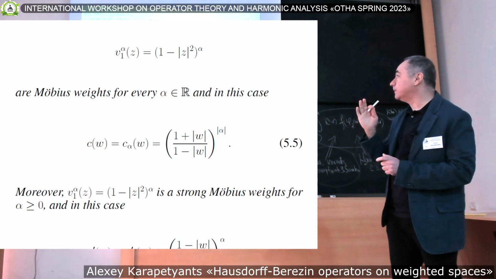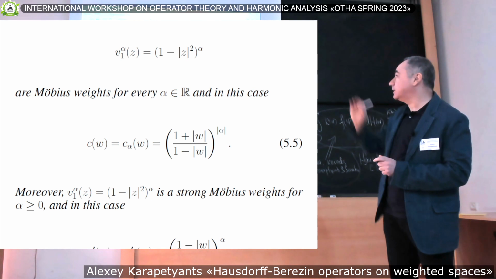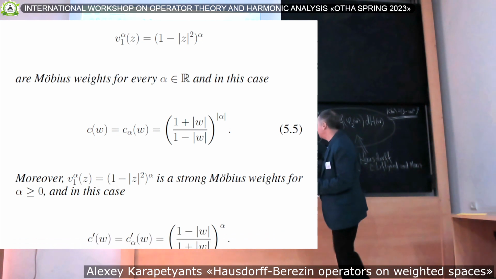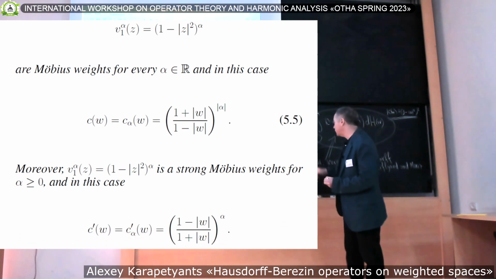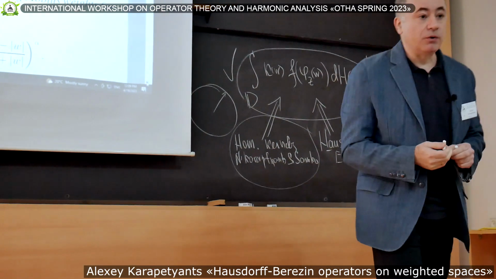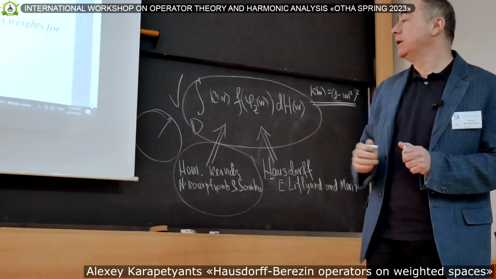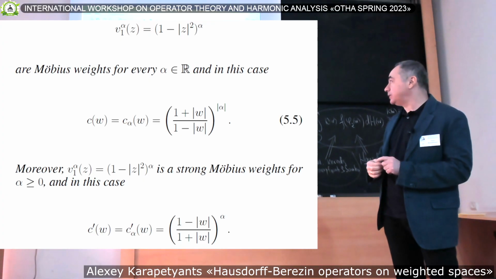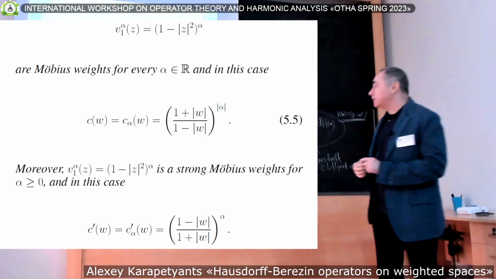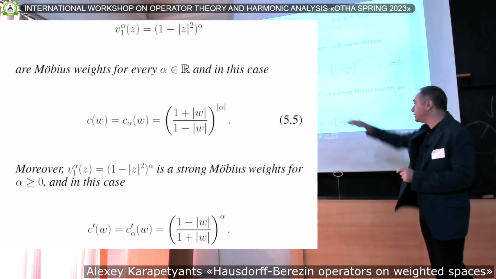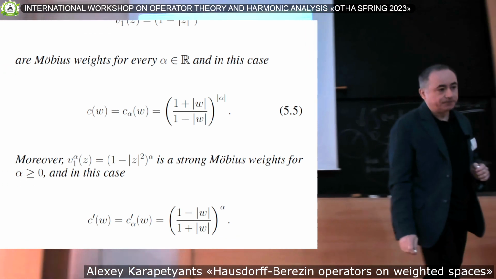I want to stress that these weights are very important because we are on the unit disk, and when we speak about holomorphic functions, the only important thing is what's going on when approaching the boundary of the unit disk. So these weights are very important in the context of these considerations. And this power weight is a strong Möbius weight for the case when alpha is non-negative.